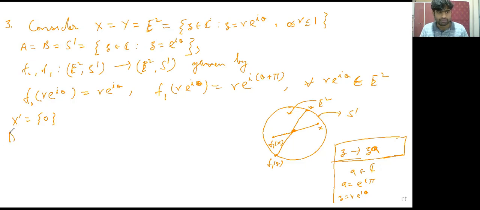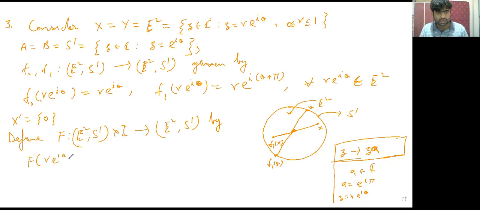So define F from E2 cross I to E2, by F of R exponential I theta comma t, it is mapped to R exponential I theta plus t pi.